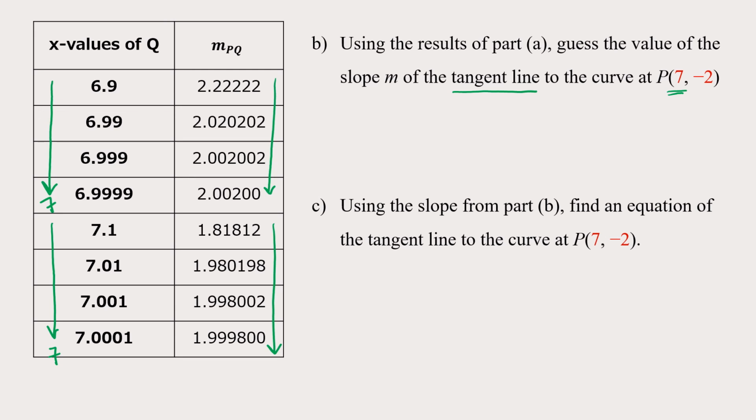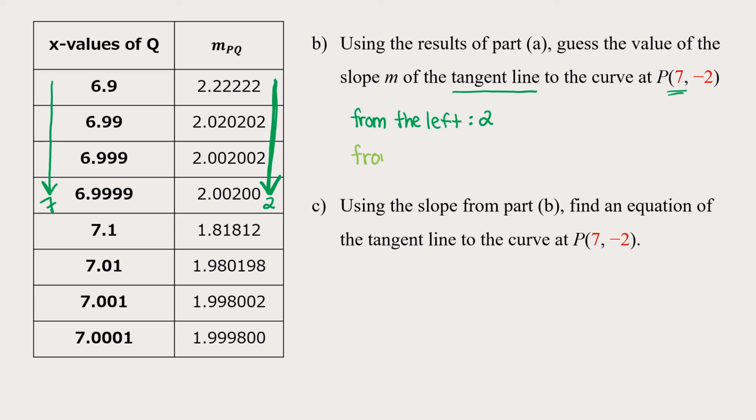So if we look from the left of that 7, so starting with numbers that are smaller than 7, so that's here from the left, we see that we get closer and closer to perhaps 2. And then I'll recolor this with a slightly lighter green.